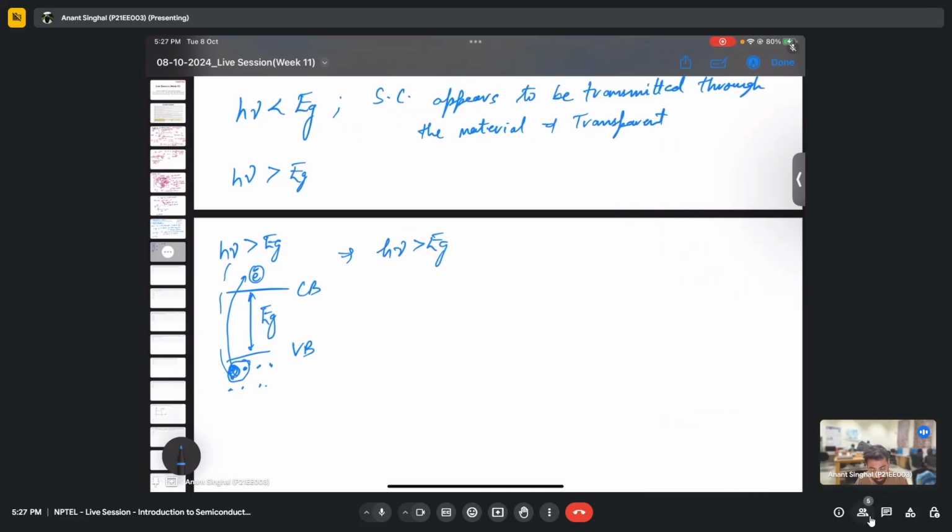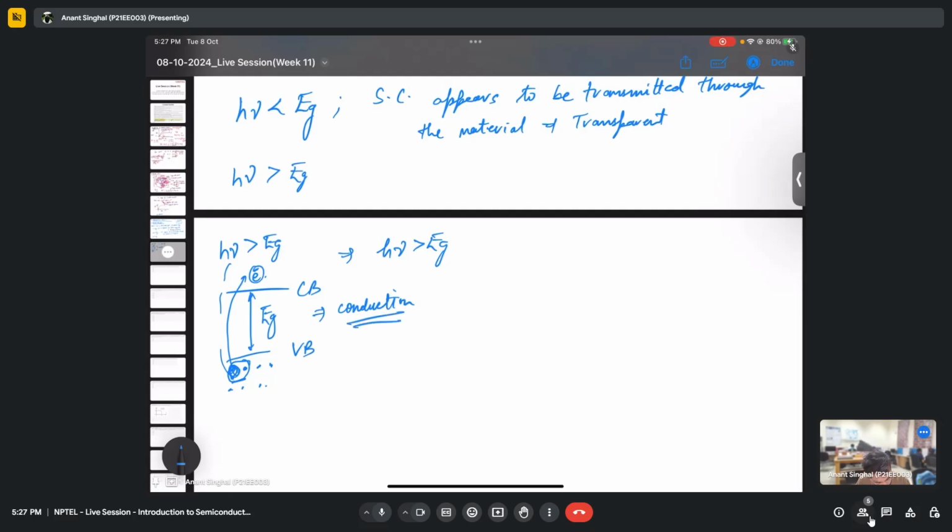So what I was saying is, if the photon energy is greater than the band gap, then the photon will interact with the electrons in the valence band and can elevate an electron to the conduction band. We know that the going of an electron from the valence band to the conduction band is what gives us conduction, or current flow.